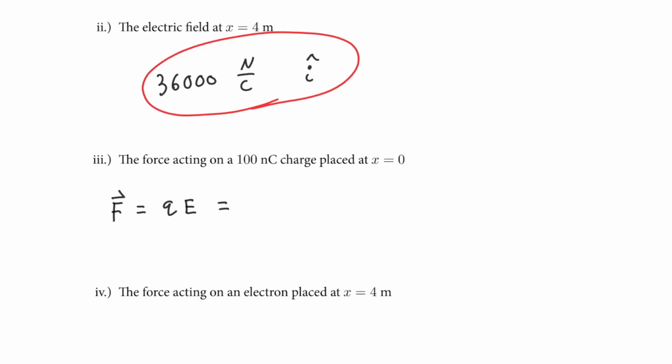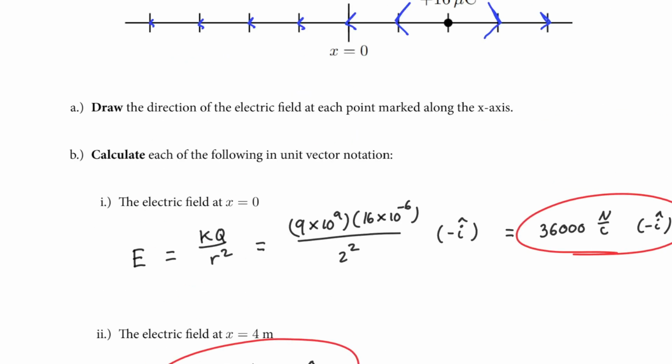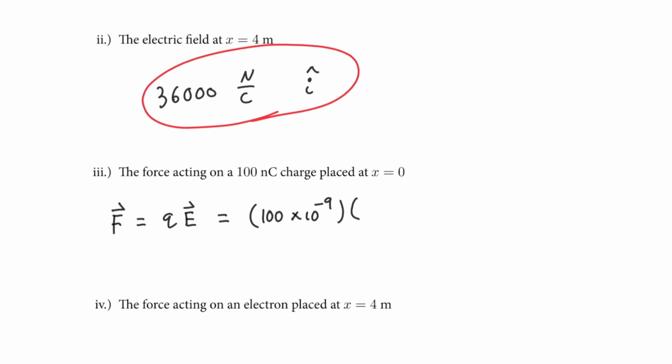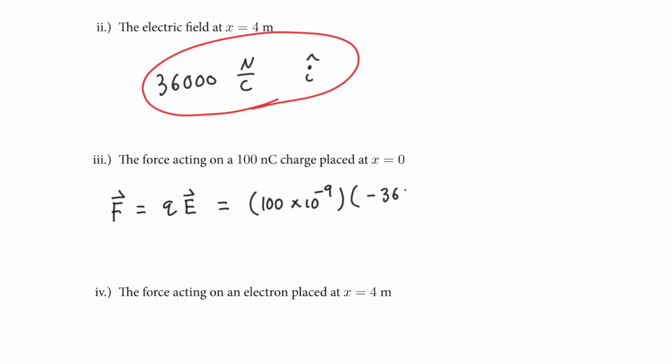Our Q is 100 nanocoulombs, so nano is 10 to the minus 9th. The electric field at x equals 0, we said, is negative 36,000 newtons per coulomb i hat. Another reason we use field is you can put the vectors right in and it works out nicely.